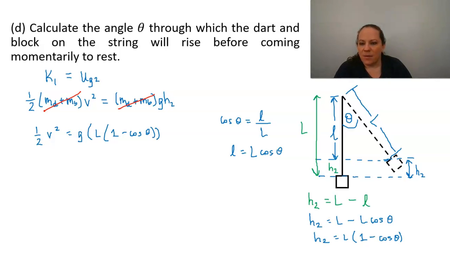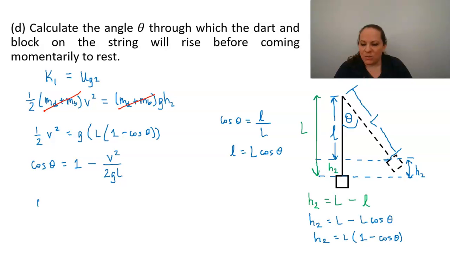And I am going to get cosine theta equals 1 minus v squared over 2gL. So I would first of all isolate the term that has the 1 minus cosine by dividing by gL, and then I'm going to want to add the cosine term to both sides and then subtract the v squared over 2gL.